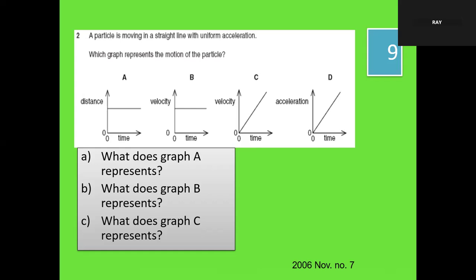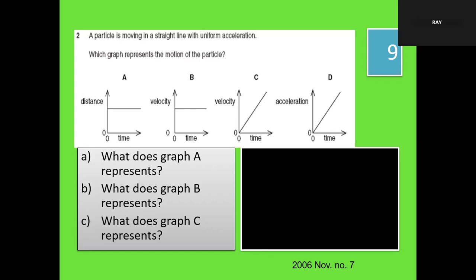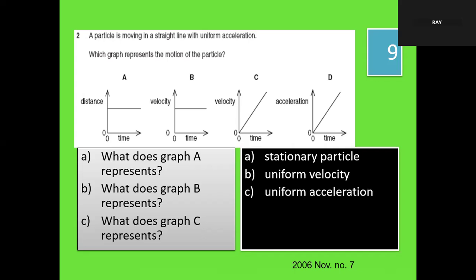Velocity zero means stationary. How about B? Constant velocity. Okay, C. C is constant acceleration. Okay, answer is C.